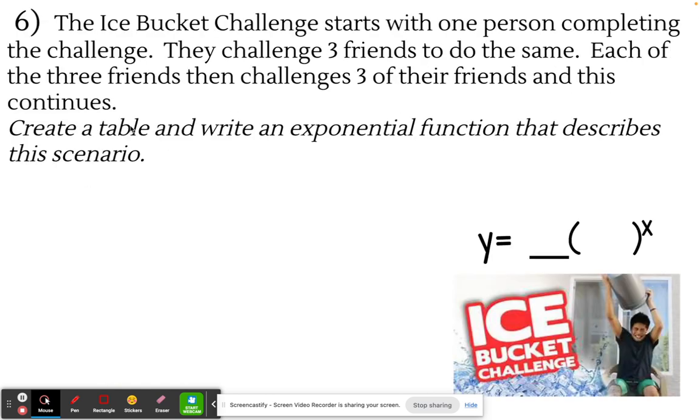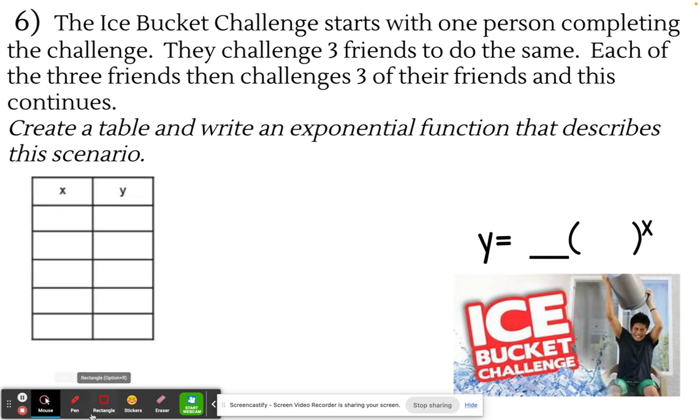Okay, I have an ice bucket challenge here. It says that it starts with one person completing the challenge. They challenge 3 friends to do the same. Each of the 3 friends then challenge 3 of their friends to do the same. It says let's create a table. We started with just me.